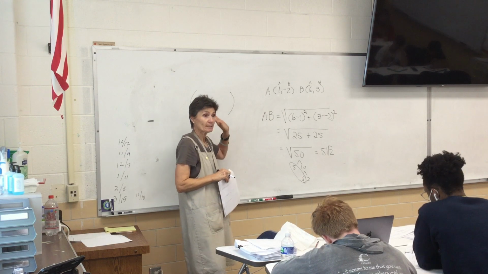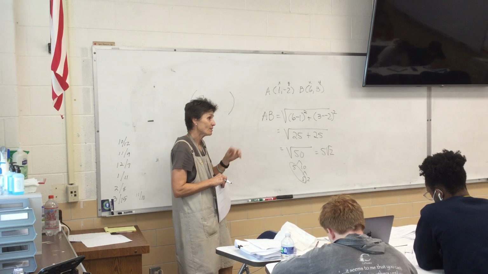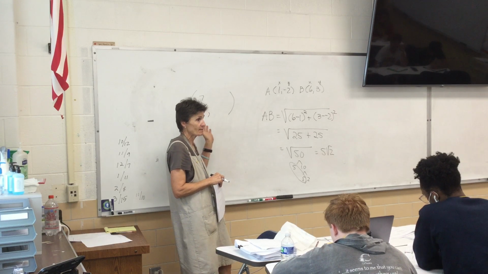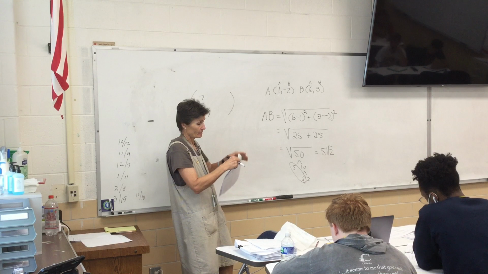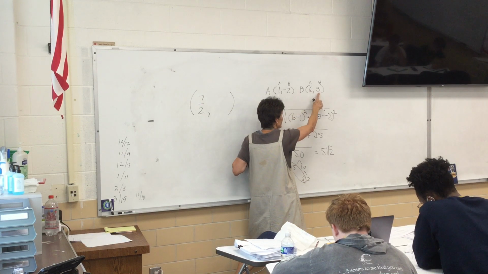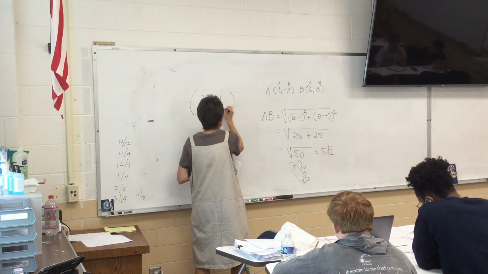Now, you're free to leave it 7 divided by 2. You can write it 3.5. I don't care. I'm just going to leave it 7 over 2. And then here, negative 2 plus 3 divided by 2.